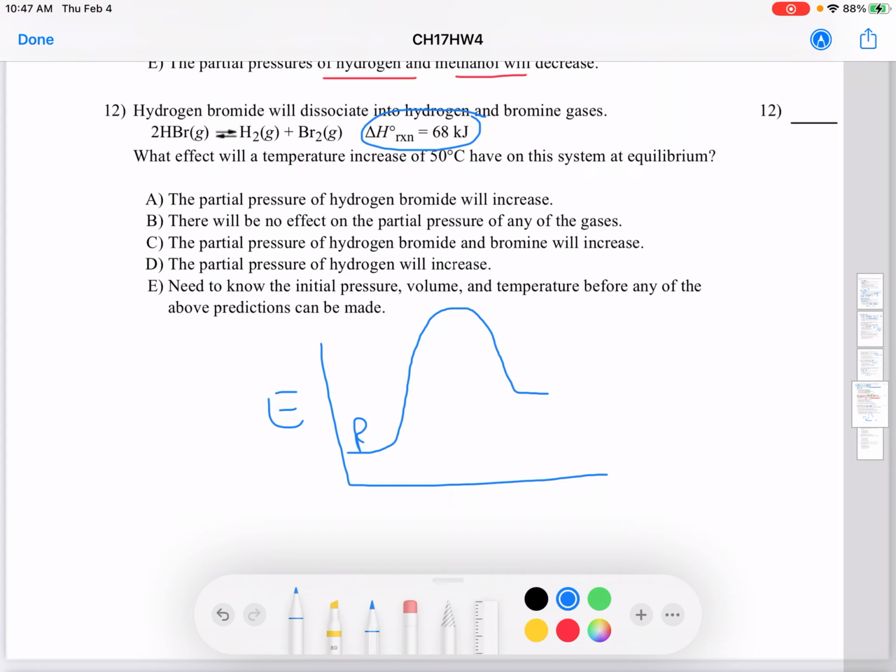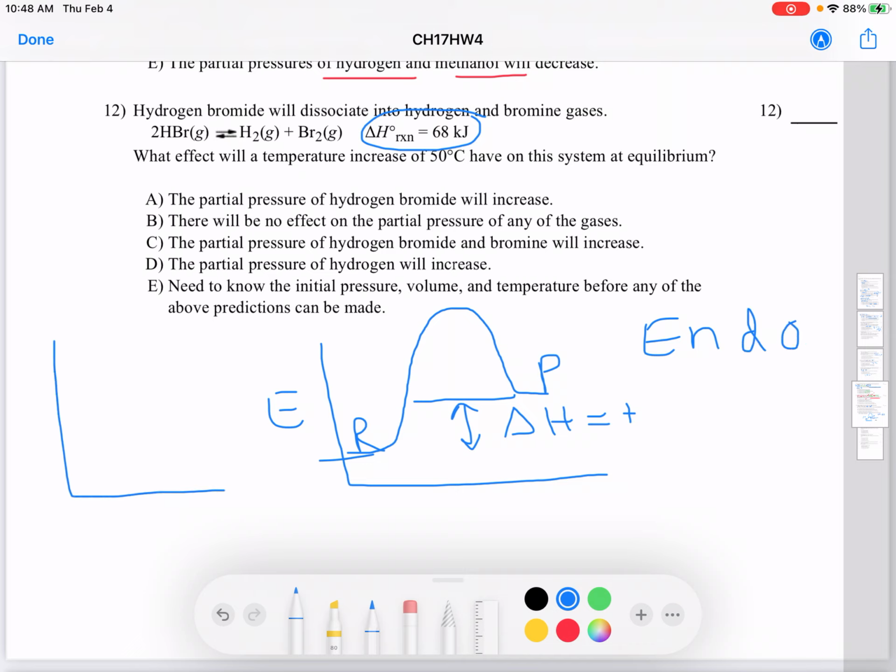Reactants are going to be here, products are going to be here, and your delta H is the difference over here. So products have more energy compared to the reactants. So delta H is going to be positive for an endothermic reaction, right? You guys have learned this already.